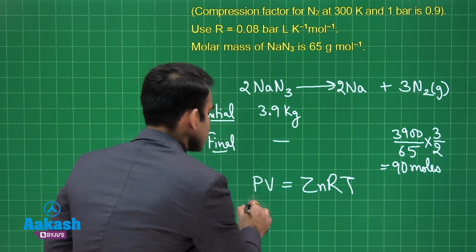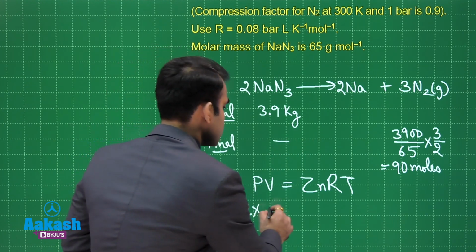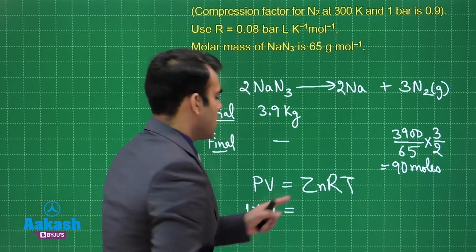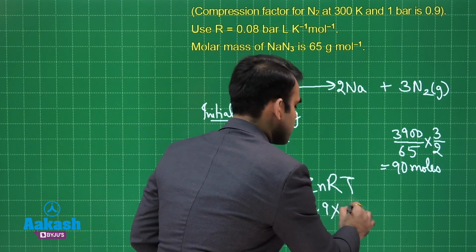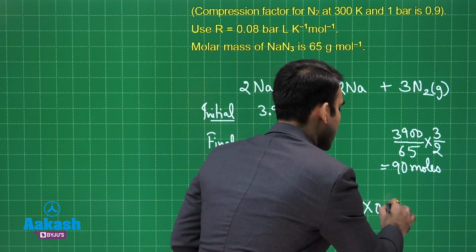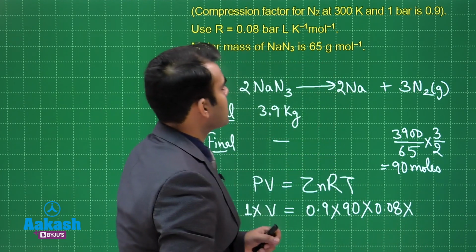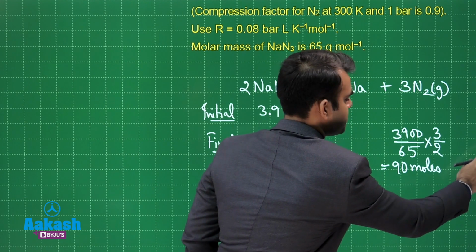Now here the pressure is given as 1 bar, volume we have to calculate. Z has been given to us, that is 0.9, moles of gas we know, that is 90, R is given as 0.08, and temperature that is given to us is 300 Kelvin.